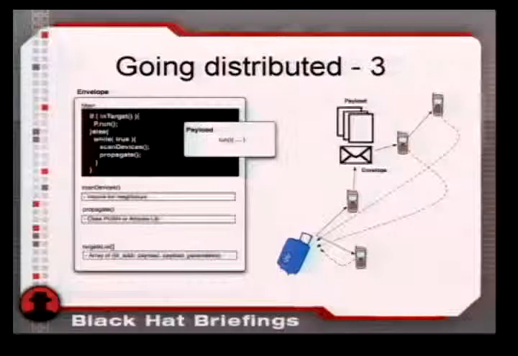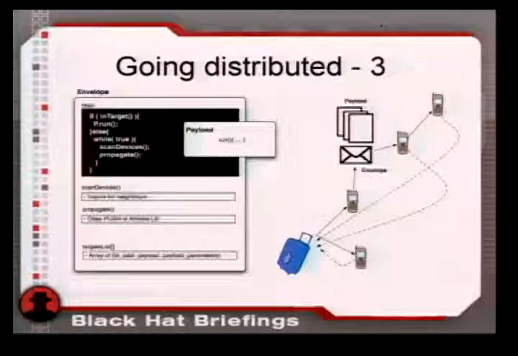Okay, a couple of simple pictures. On the right, a kind of stupid picture, they show us the blue bag that sees some devices in its range and tries to propagate to those devices, and these devices themselves then propagate the envelope and the payload to other devices, and return results back.